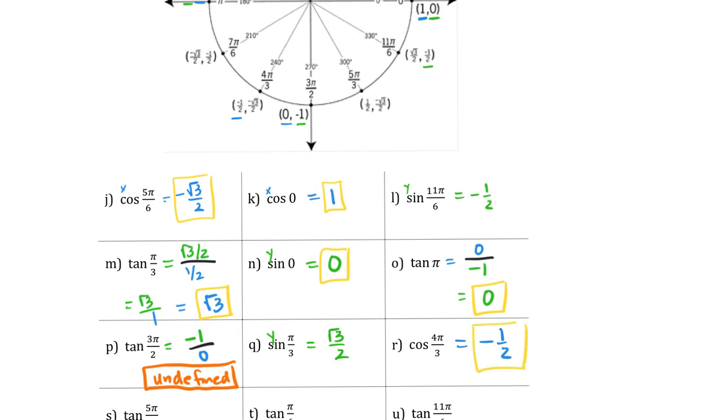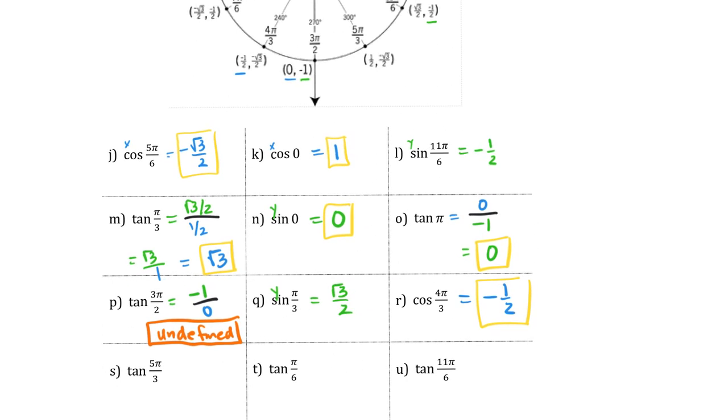Oh, we got another tangent. Okay, tangent 5 pi over 3. There's 5 pi over 3 right here. So tangent is y over x. X is 1/2. Okay, the 2's cancel, and I have -√3 divided by 1, which is -√3.